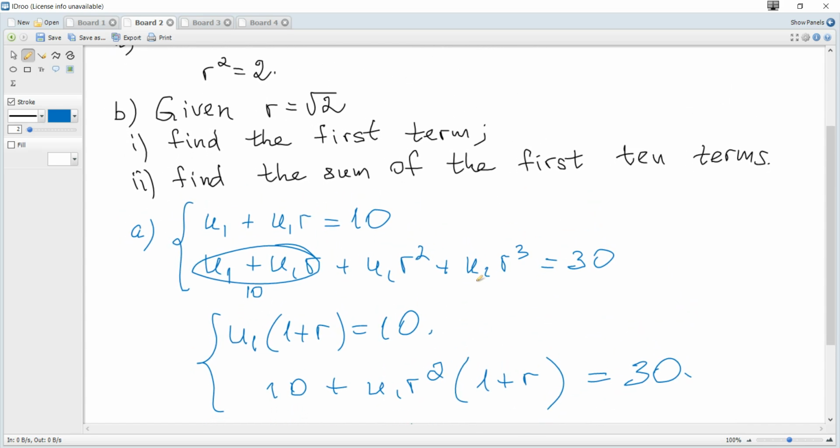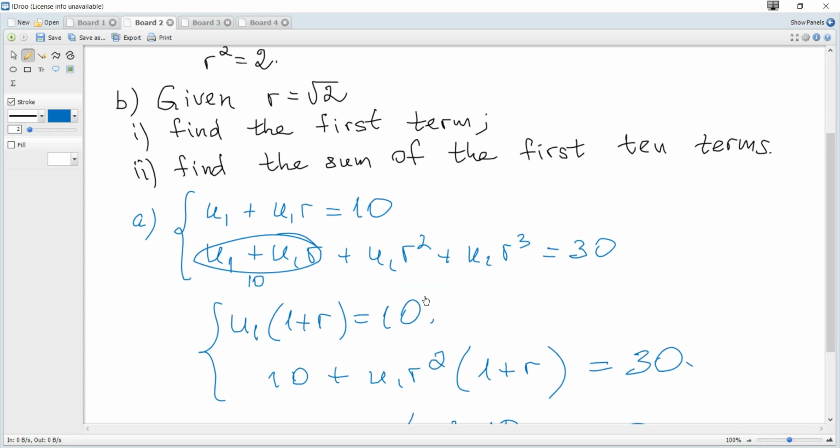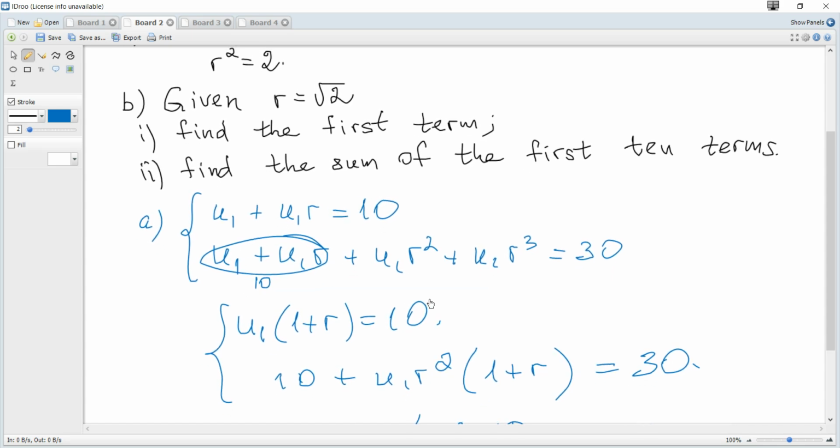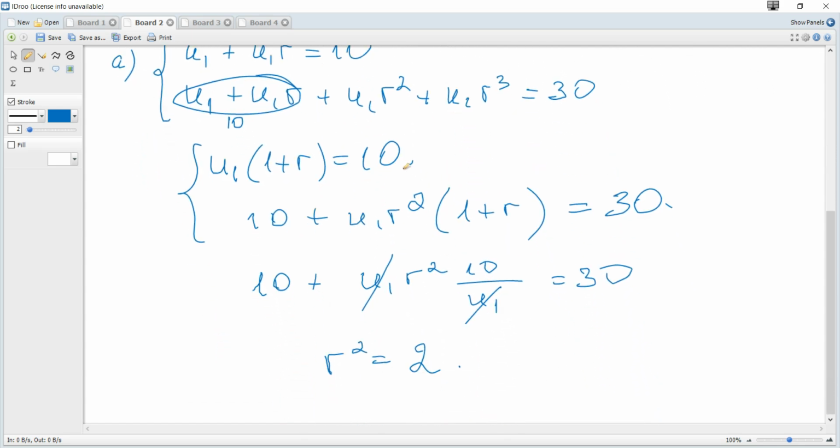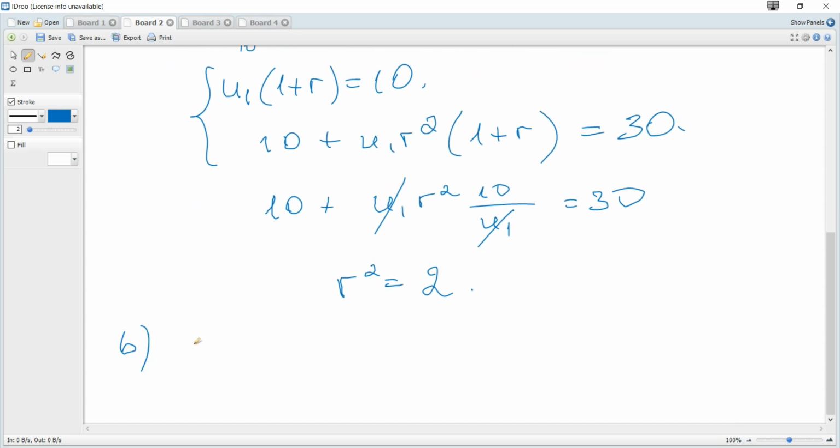Given that R is square root of 2, find the first term. So we can just use this equation. U1 is 10 over 1 plus the ratio, and becomes 10 over 1 plus root 2.